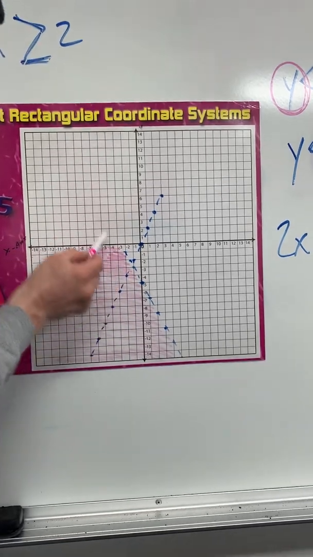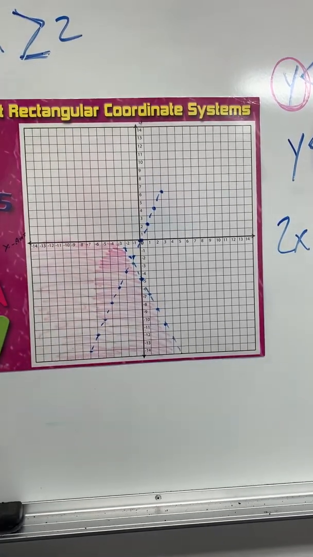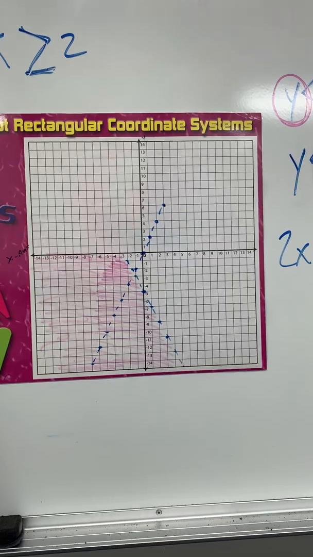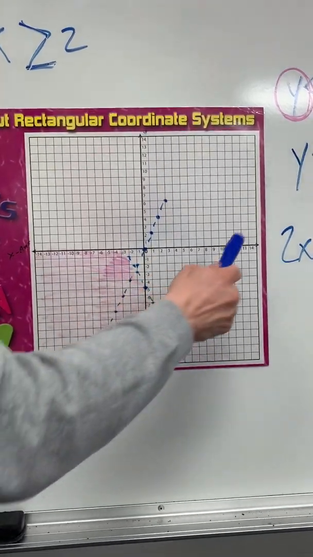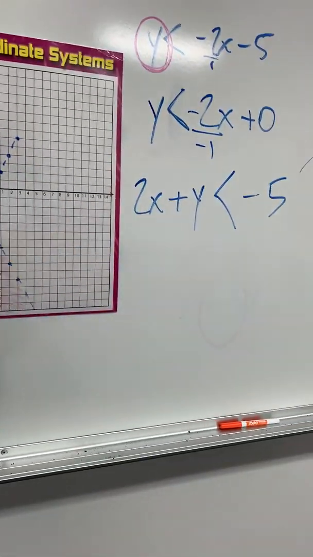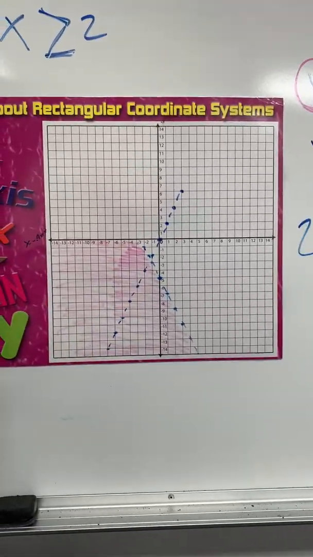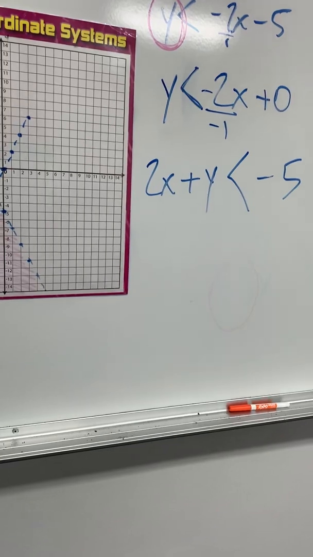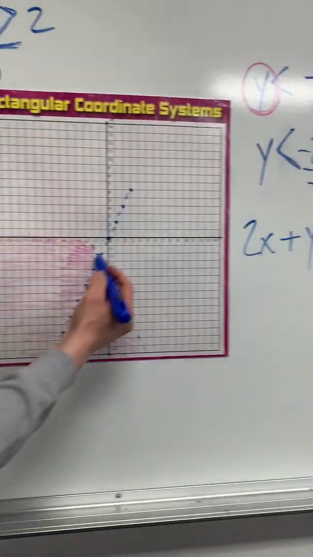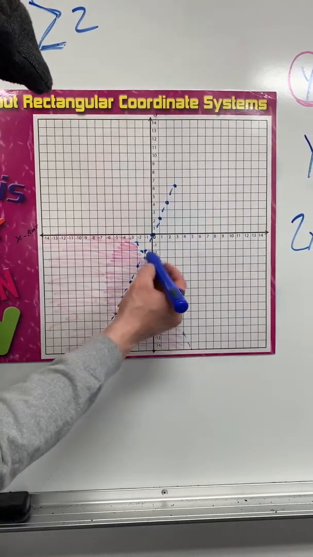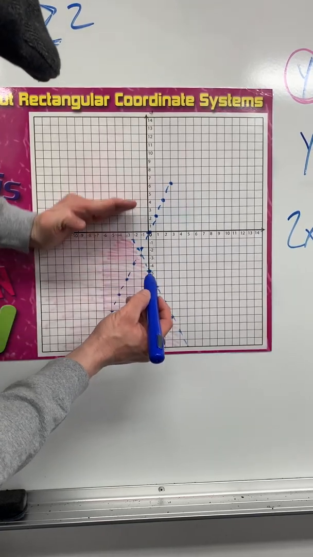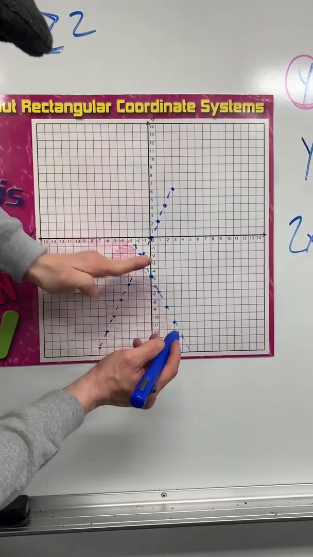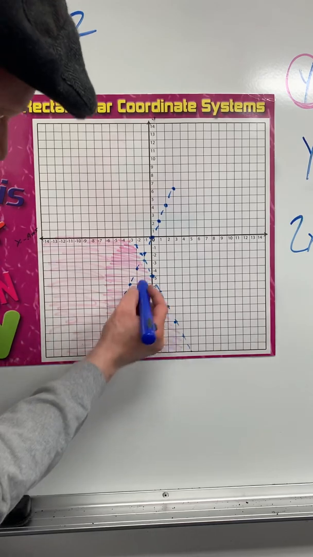And I didn't keep doing it, but we'll just stop right there, okay? All right, and then on this one, that is this equation here, this line right here. It's also y is less than. So everything above this would be greater than, and we want to shade everything that's below it, less than.